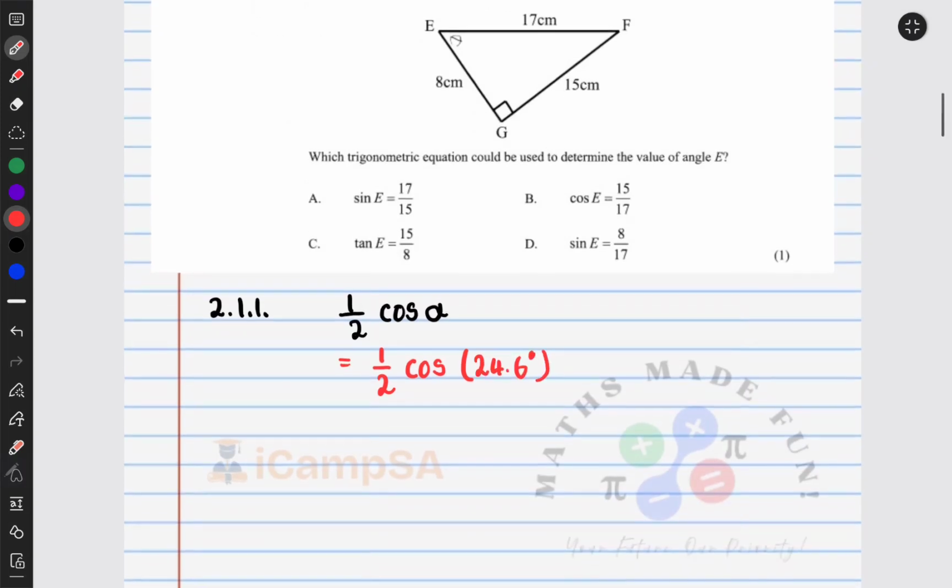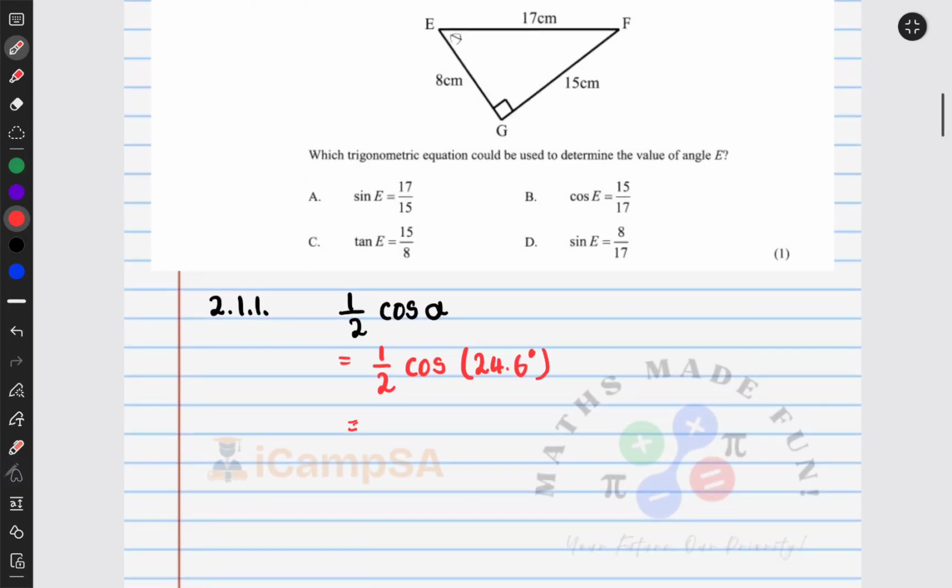We punch it in the calculator as it is, so we're going to have 1 over 2 cos 24.6, and that gives us 0.45, and this is our answer here.